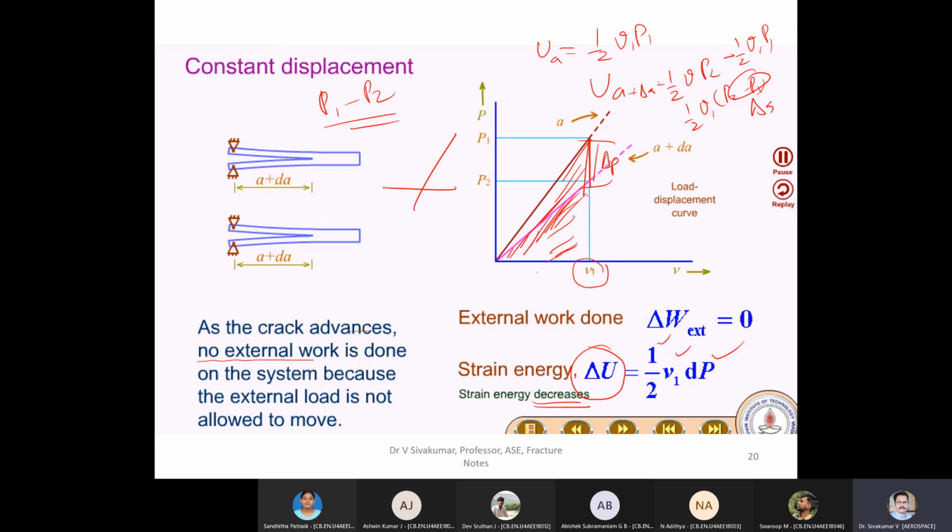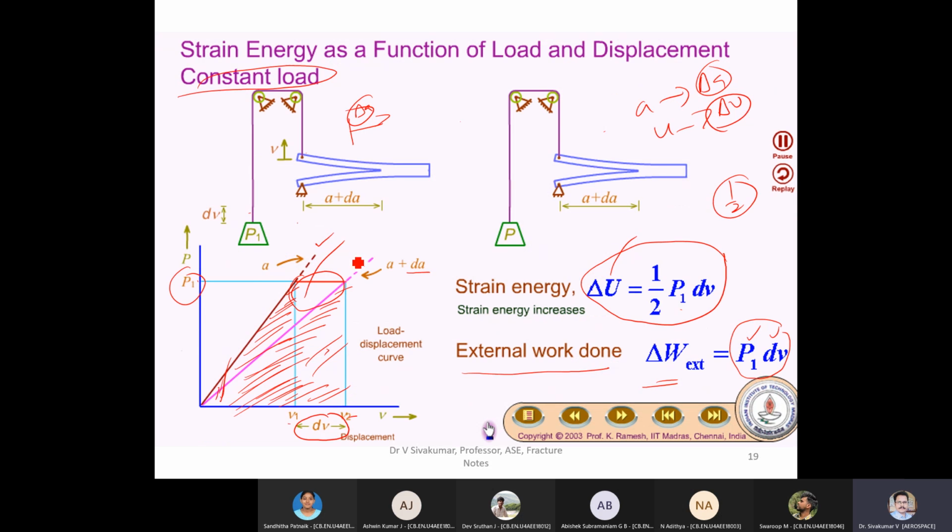Because we took this minus this, the second item minus the first item, which gave us a positive: half into P1 into V2 minus half into P1 into V1, so half into P1 into V2 minus V1 is positive.